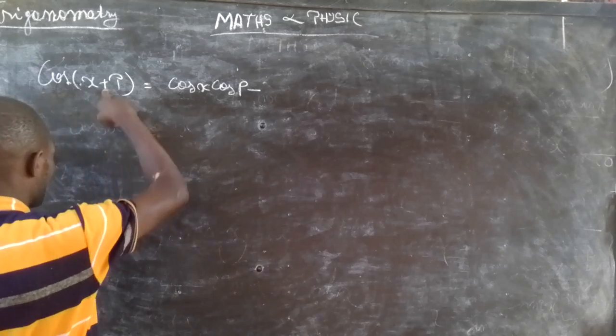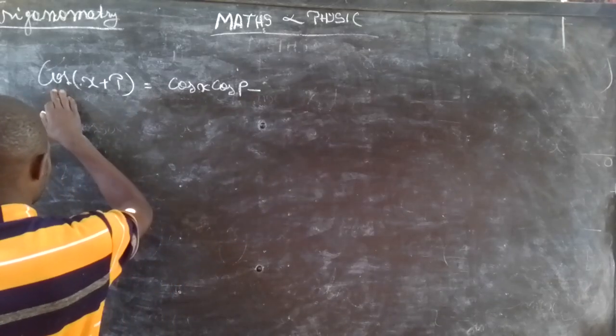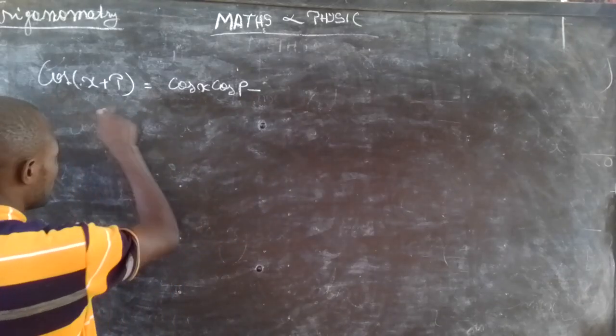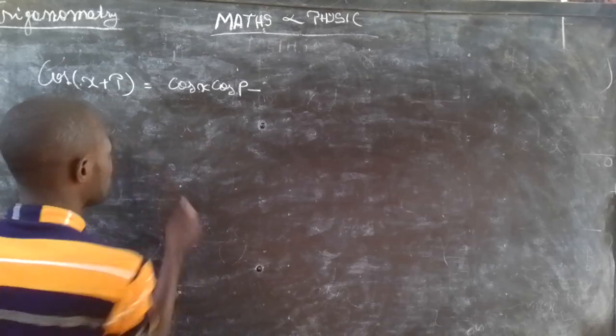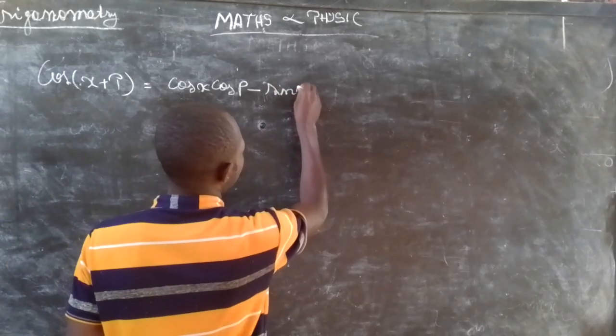If you have a positive here, we will have a negative here, because when we multiply, the sine affects the sign, so the sign will be changed.